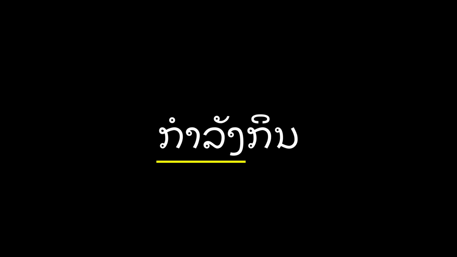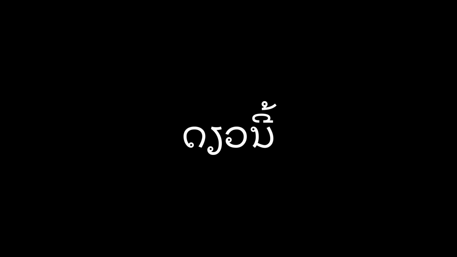Note that for the future, another word ja, or will, is added before the verb to indicate that the action has not yet occurred. For the present, gamlang, currently, is added before the verb to indicate that the action is currently happening. The word dioni, or now, can also be added to the end of the sentence to indicate the same thing.